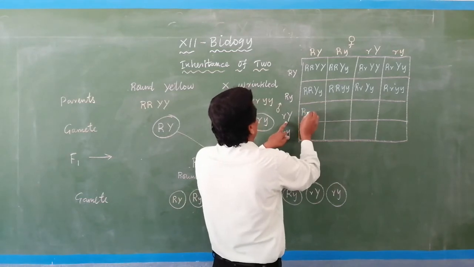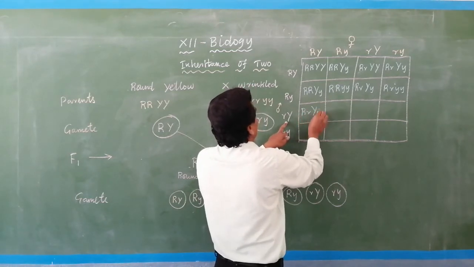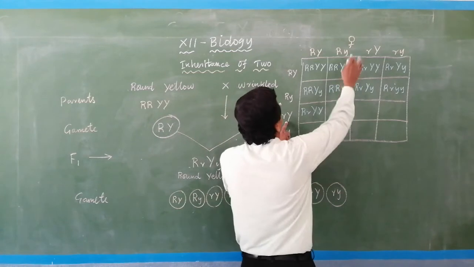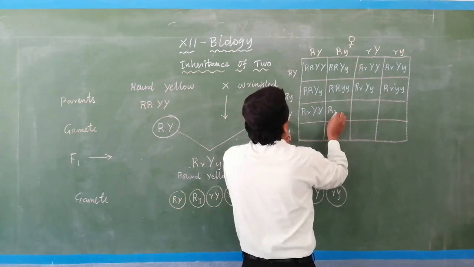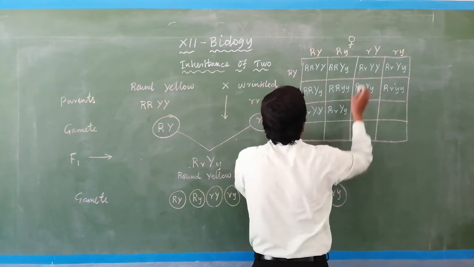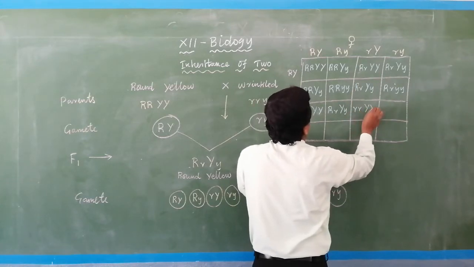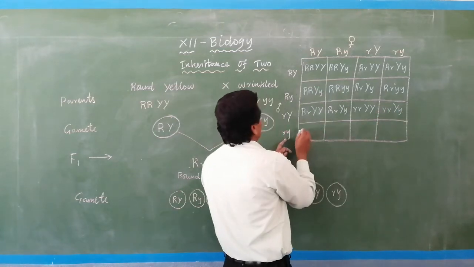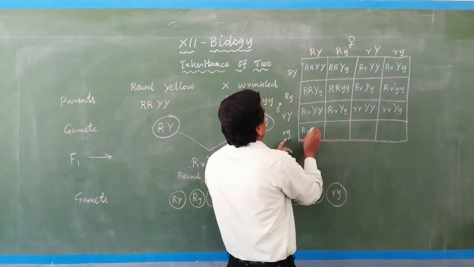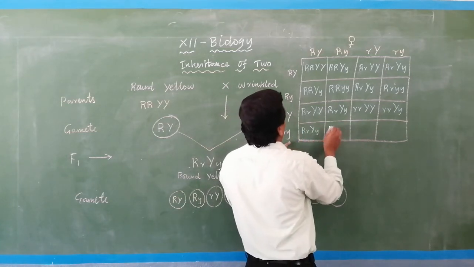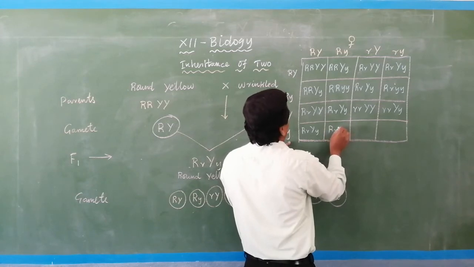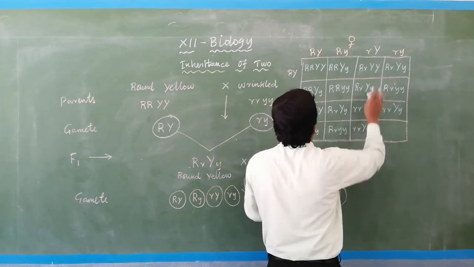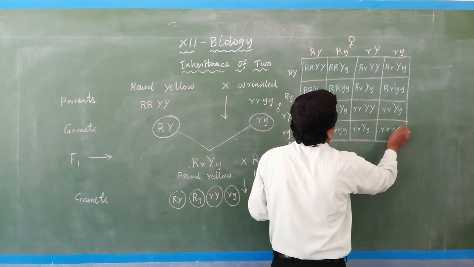In the F2 generation, capital R, capital Y, small y; it is not small y, actually it is also capital Y. Here capital R, capital Y, small y; small r, capital Y, and small r, capital Y, small y; capital R, capital Y, small y, and capital R, small y, small y; then small r, capital Y, small y, and small r, small y, small y.